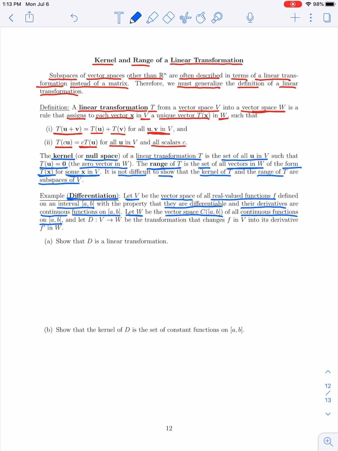And we will define a transformation, which we're going to show is linear, denoted as D, which will map from V to W. This is the transformation that changes a function f in the vector space V into its derivative, f prime, in the vector space W. So in part A, we're supposed to show that this transformation D is a linear transformation.